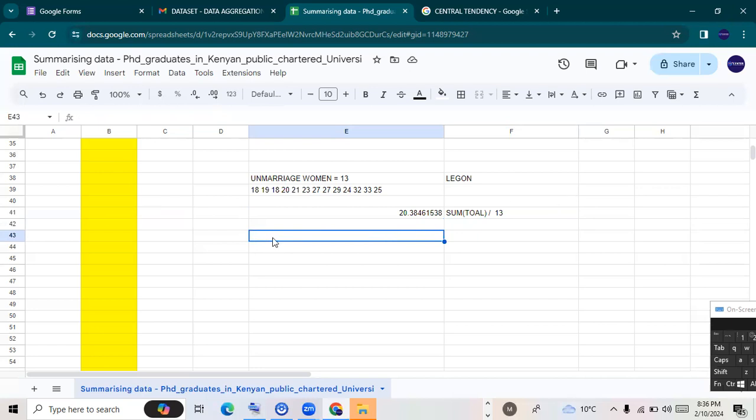So if we rearrange these ages, we have 18, 18, 19, 20, 21, 23, 27, 29, 33, 24, 25, 32. We are not finding the mode, right?